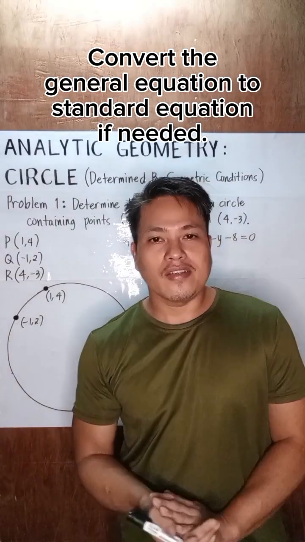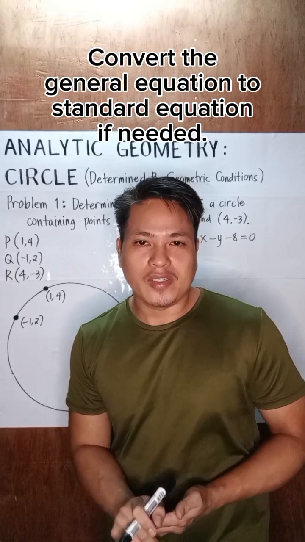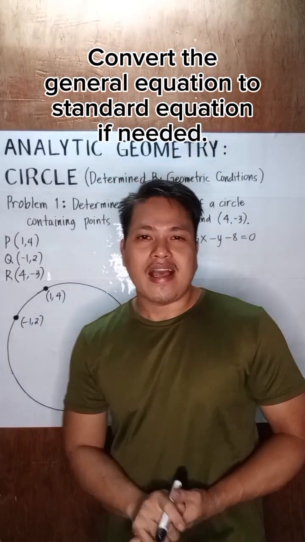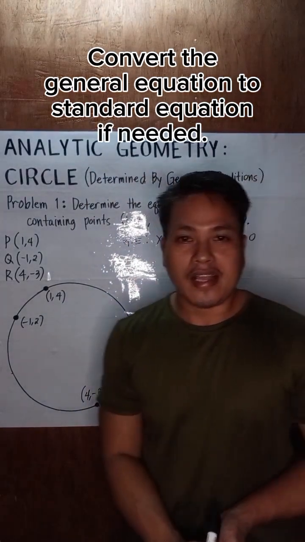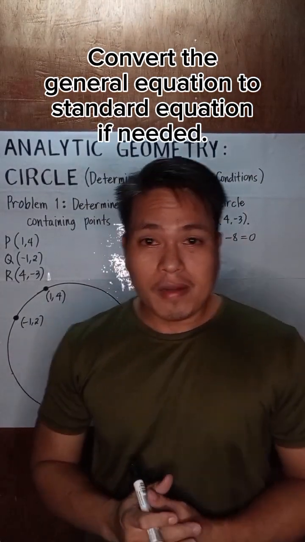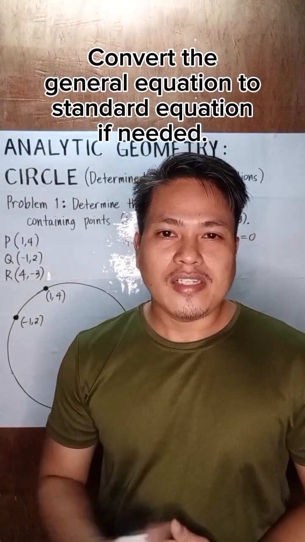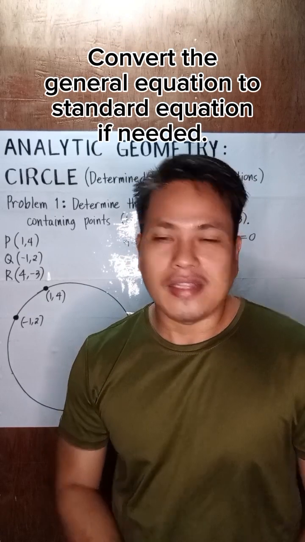Dahil kailangan natin siya i-convert into standard equation, i-apply natin yung process ng completing the square. At ang unang gagawin natin ay i-group natin yung may mga variable na x at yung may mga variable na y, and then itatranspose natin yung constant sa kanan.